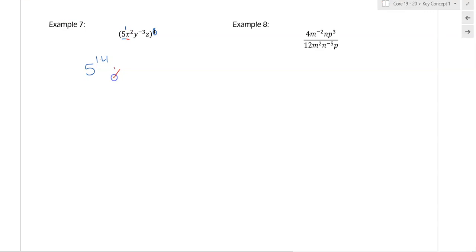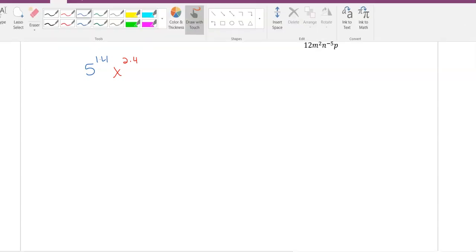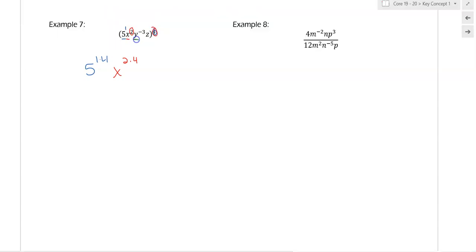X has 2 and 4. Y has negative 3 and 4. And then our Z has a 1 times 4. Okay.